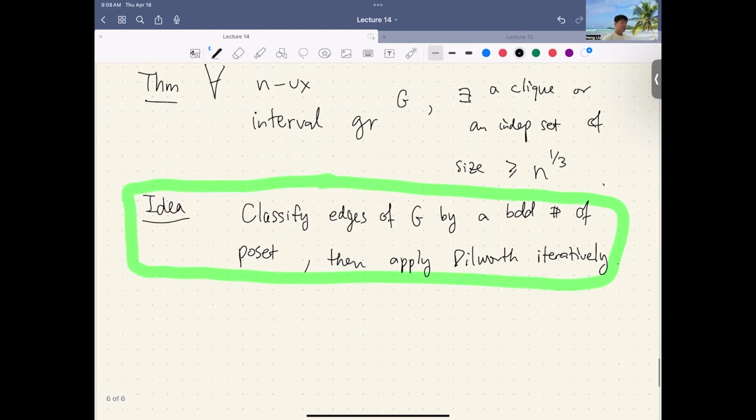So how do we classify the edges? Well, okay. In this particular case, we don't exactly classify edges of G. We classify pairs of vertices of G, right?